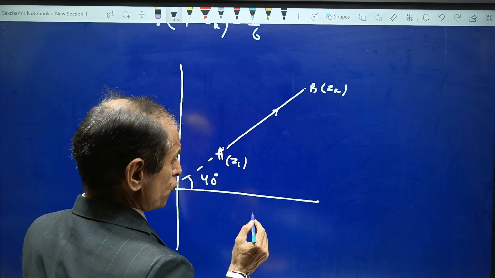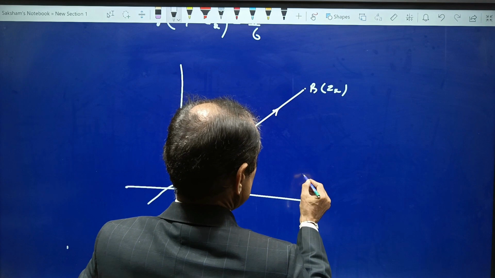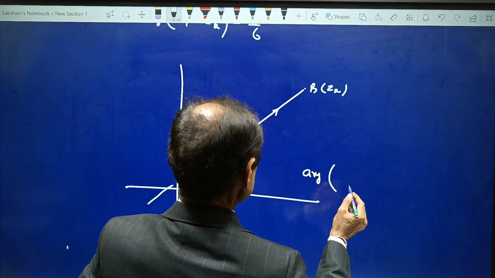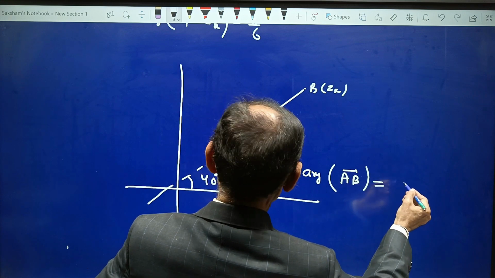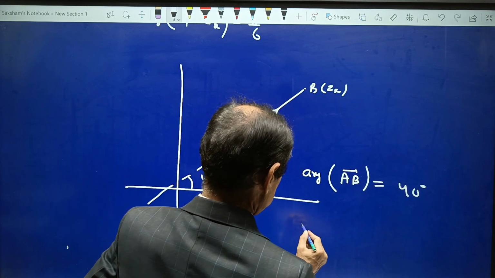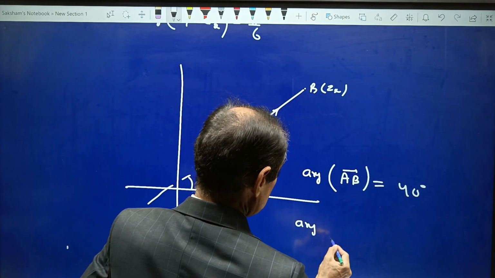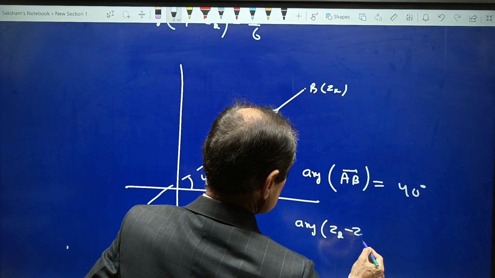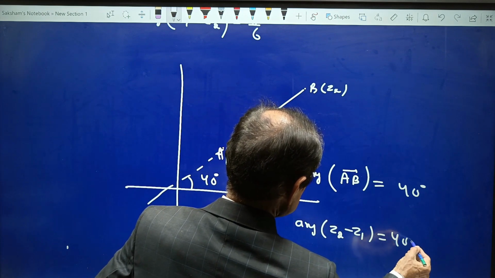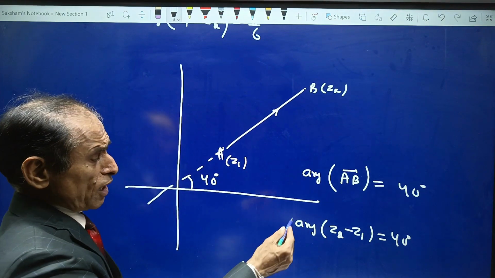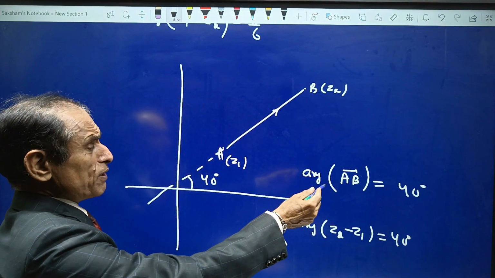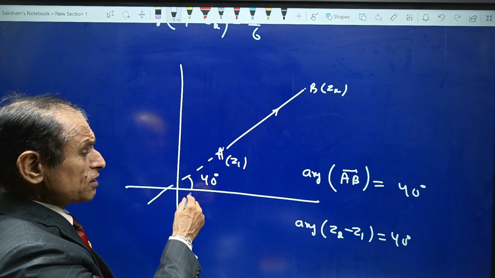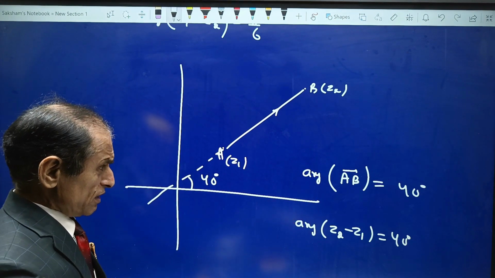In the language of complex number, we write it as argument of AB vector is equal to 40 degree. That is, argument of Z2 minus Z1 is 40 degree. Hence, argument of Z2 minus Z1 is equal to 40 means the vector AB is making an angle of 40 degree with positive direction of x-axis.